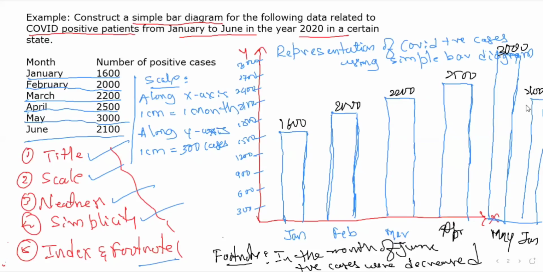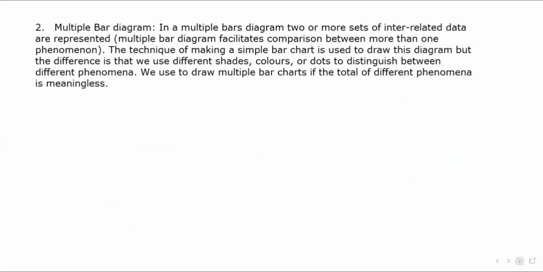So now we will move to the next topic, that is multiple bar diagram. Simple bar diagram means what? To represent only one variable, we consider the simple bar diagram. But in multiple bar diagram, the name itself says multiple.